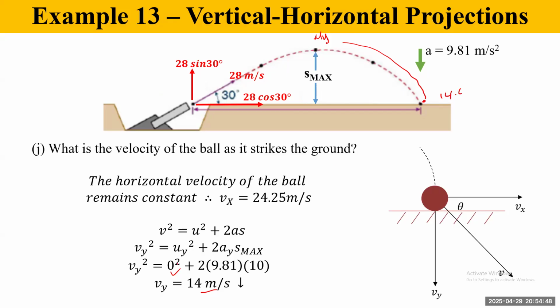So please remember that. Vy squared is equal to Uy squared. How do you get that 0 here? Remember, this here is where it is changing for the second part of the motion. This is 0, so this becomes your initial velocity. The final velocity for the first section becomes the initial velocity for the second. You remember that? So this was Vy equal to 0 up to here.